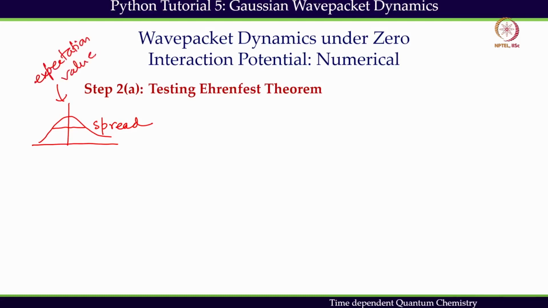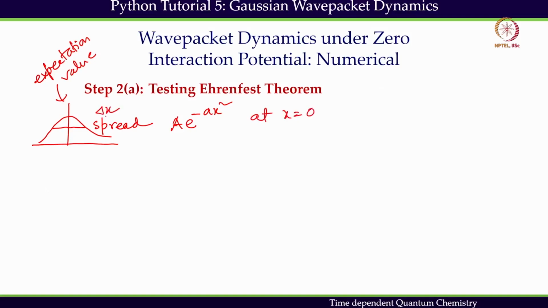Of the Gaussian. So this is the Gaussian distribution, and in general we express it as e to the power minus a x square. This Gaussian distribution is centered at x equals 0, and its width is given by delta x.